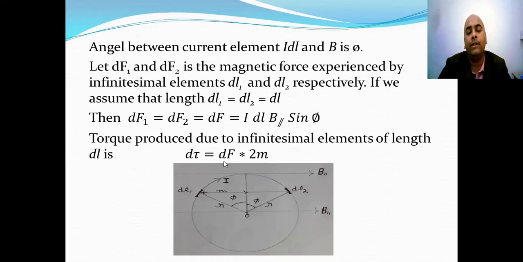So the force on the elements is dF, and the distance between the elements is 2m, where m is the distance from element dl1 or dl2 up to the reference line.